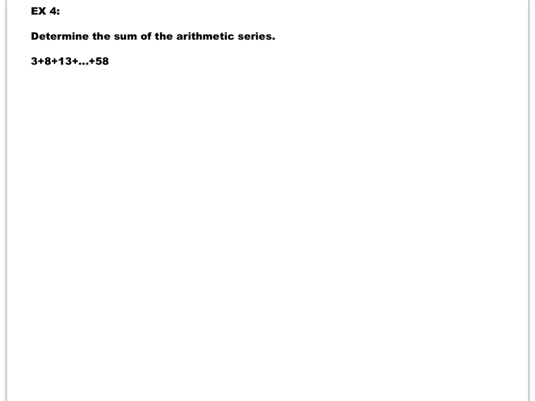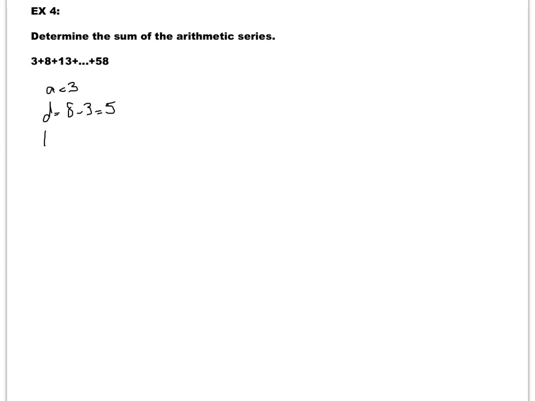The next example, we are supposed to find the sum of the arithmetic series 3 plus 8 plus 13 up to 58. Looking at this one, we know that the first term is going to be 3, so a is 3. d is 8 minus 3, which is 5.